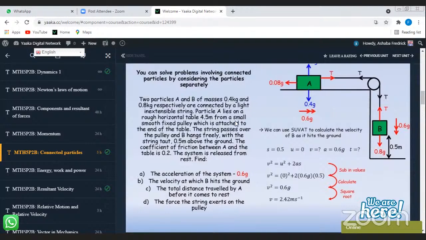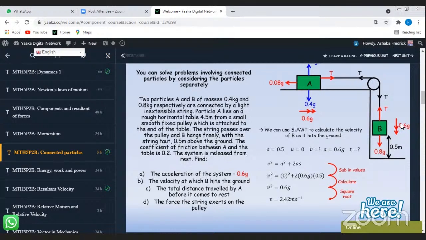This one as well talks about two particles which are still connected. So we have A, which has some forces acting on it, and as well B, which still has forces acting on it.